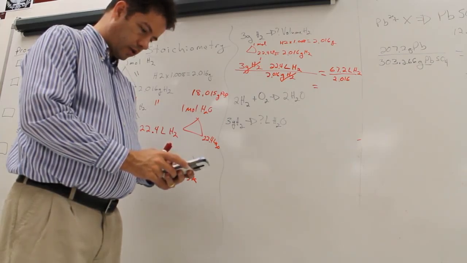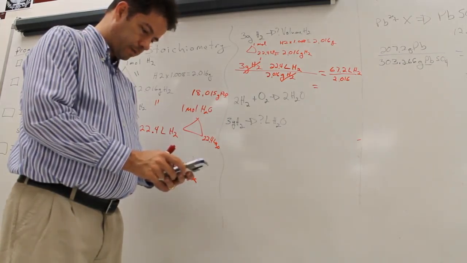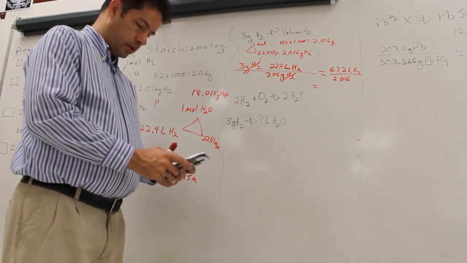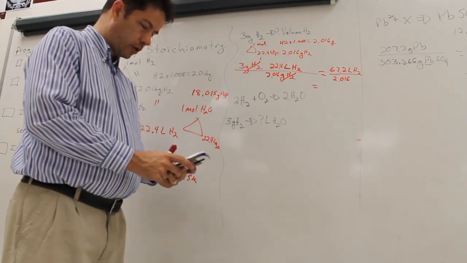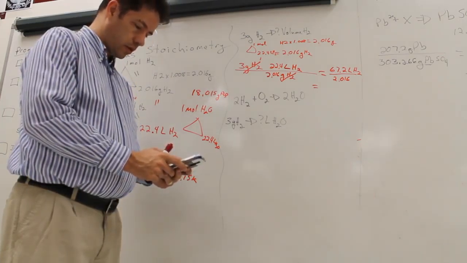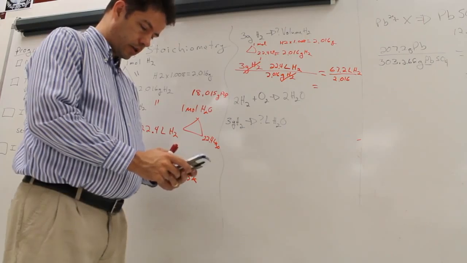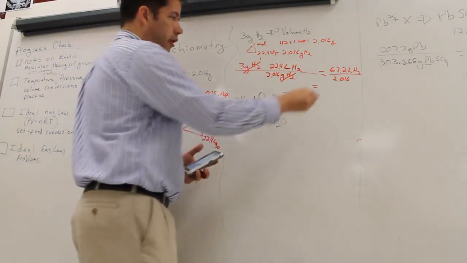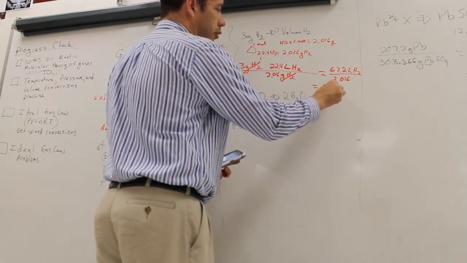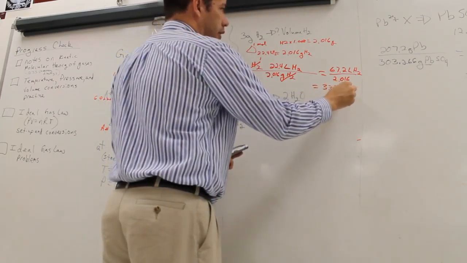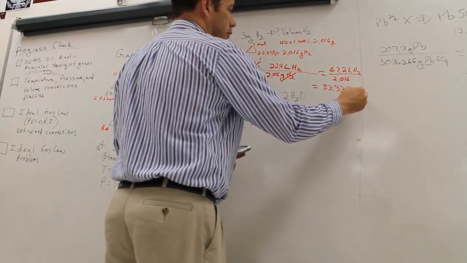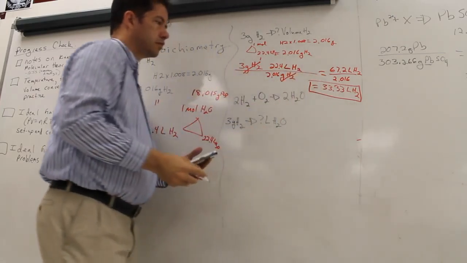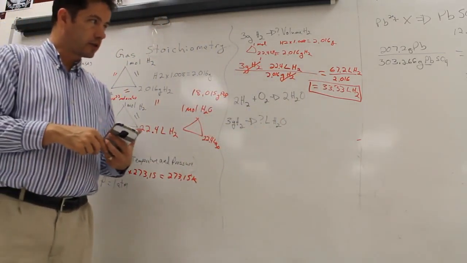Okay, calculator. 67.2 divided by 2.016 equals 33.33. 33.33 liters of H2, assuming that all the other conditions are the same.